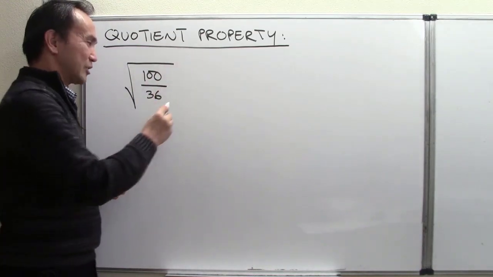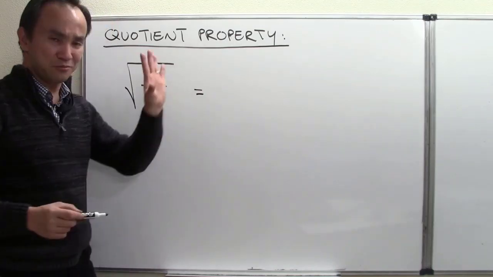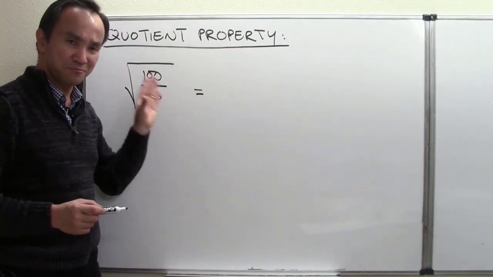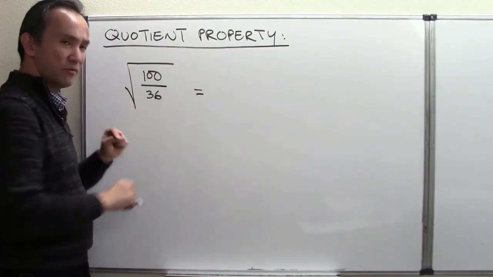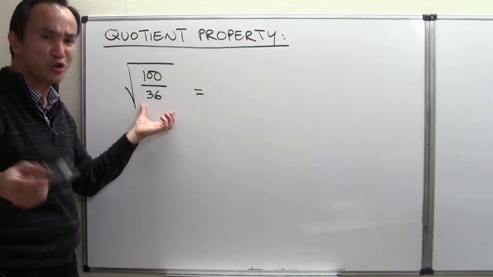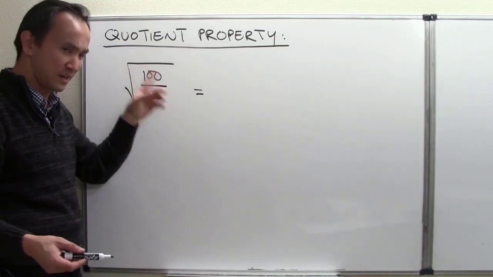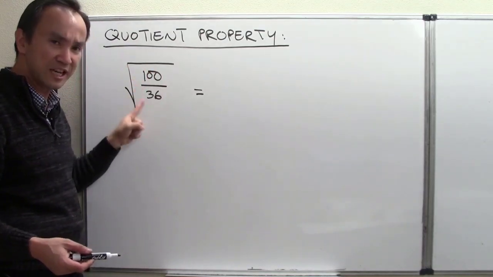This is something that we've learned, so we can just apply the learning that we've had. This fraction inside of the square root, let's not worry about it as a quotient. Yes, it's a quotient, but right now, see it simply as a fraction.